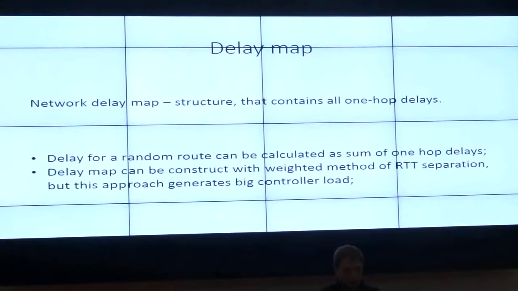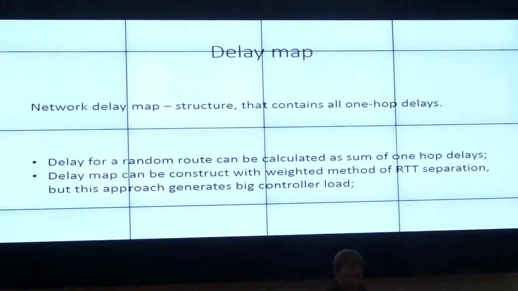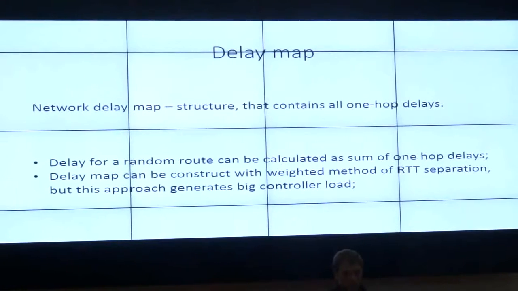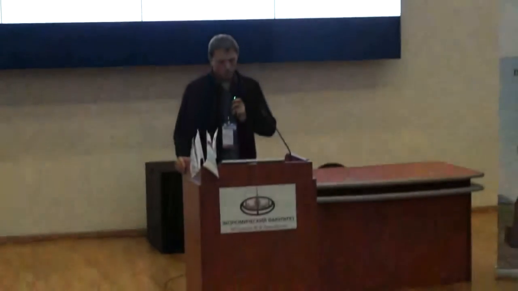So we have a method that can measure with great precision the round-trip time for a random road in the network. But the total number of roads in the network is huge, and we can't use our method to find the delay for each road. So we assume that the delay for a random road in the network can be represented as the sum of one-hop delays for this road.